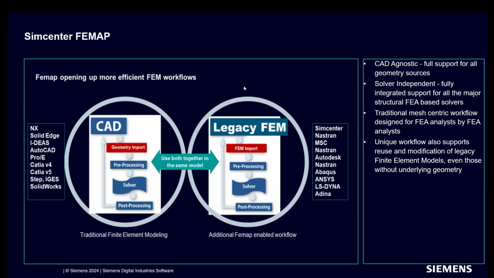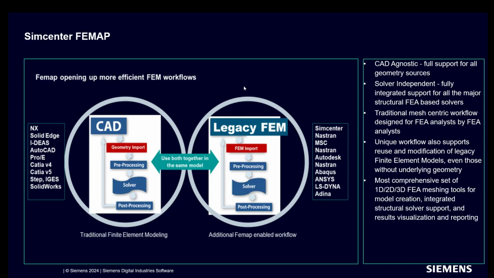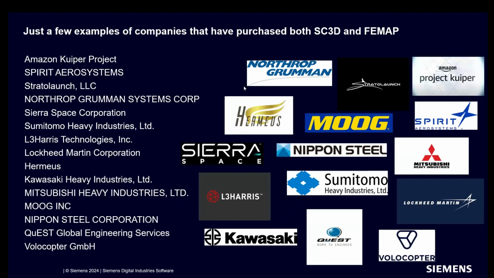Or maybe you want to run an underlying Simcenter Nastran model and you have the need to do some complex nonlinear with Abaqus. You can do that based on the same model within Femap. So I hope that helps. As you would expect, there's a very comprehensive set of meshing tools for doing all of this, and then Teamcenter integration providing a managed workflow for that, as we'll see as we move forward.